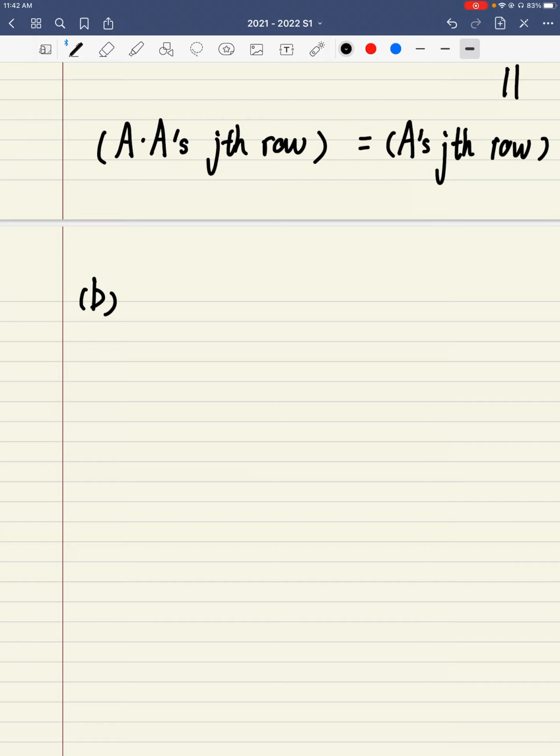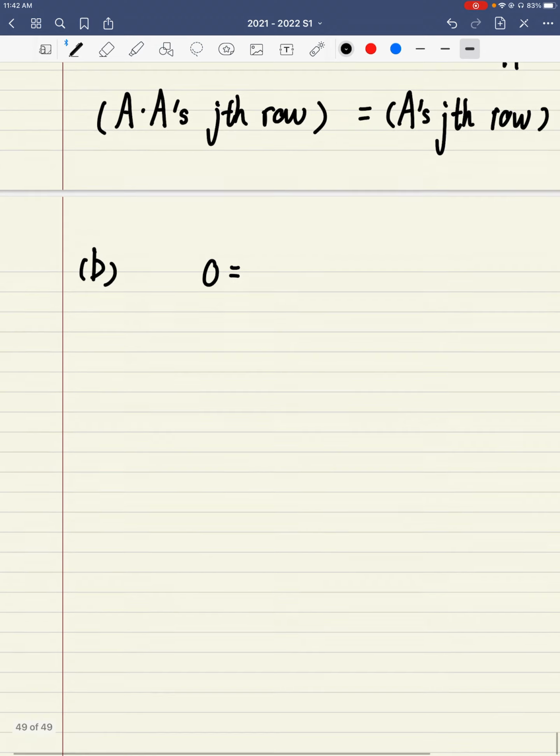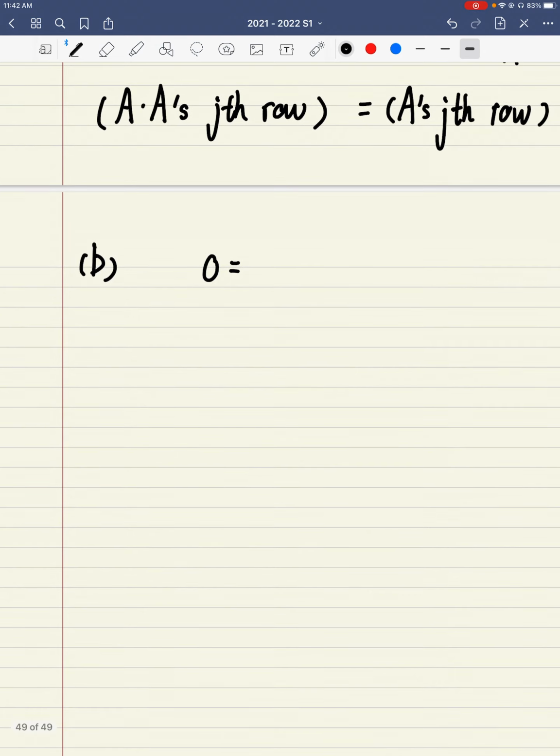So here, it depends on how we get 0. For matrix multiplication, the result entry is the first entry times the first entry plus the second entry times the second entry. So the idea is 0 could be 1 times 1 plus 1 times negative 1. Let's keep it simple and just use a 2 by 2 matrix.